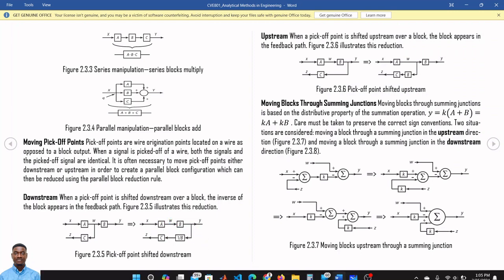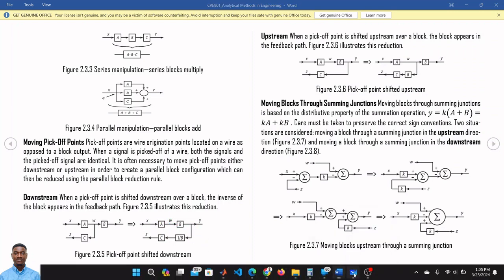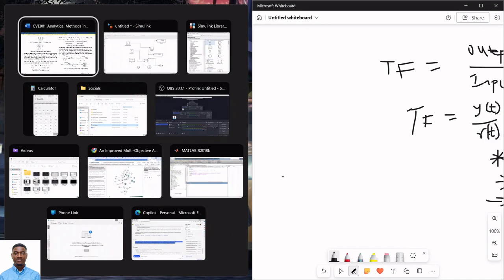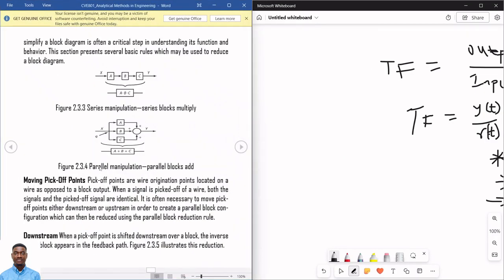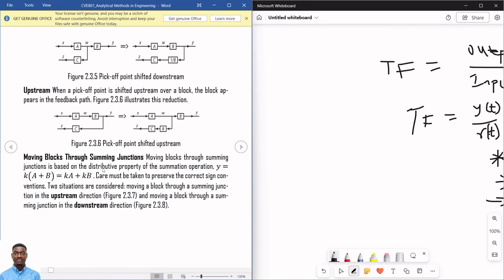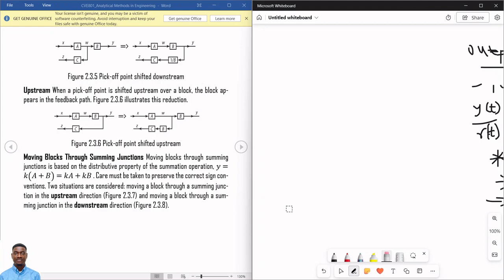If we want to do that, let me just split my screen so that you can see what I'm doing. This is the block. Let's show the mathematical model of the first block.